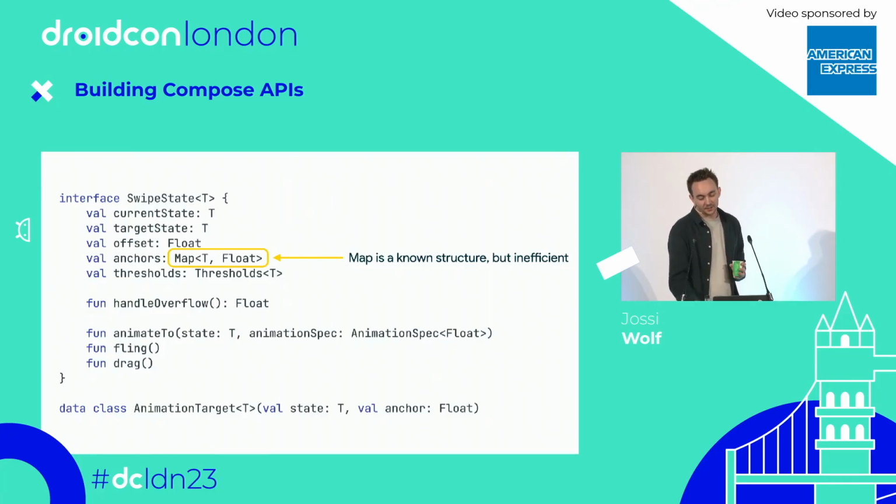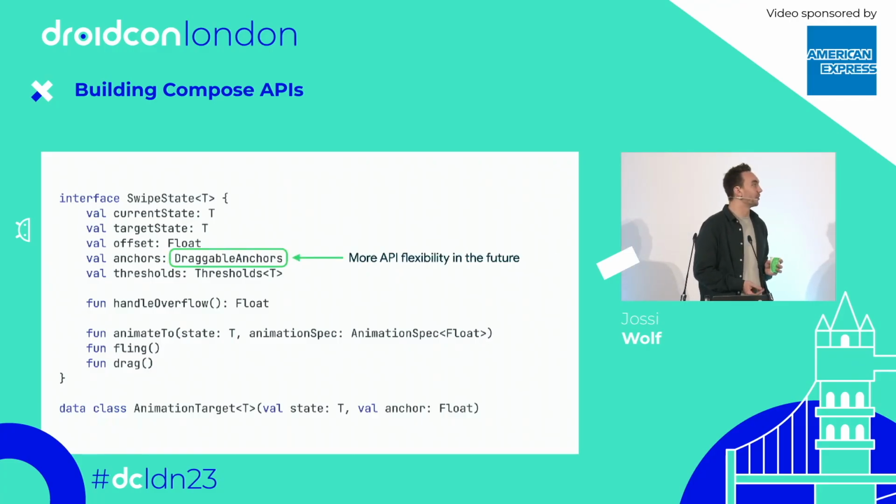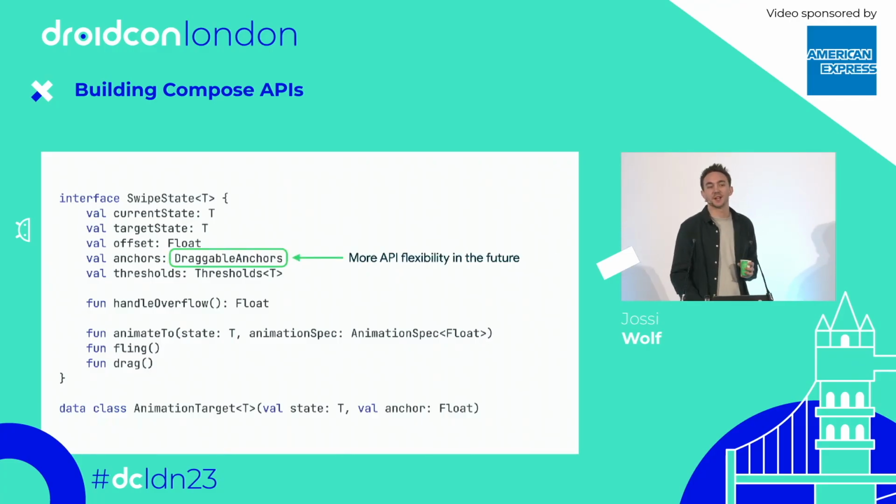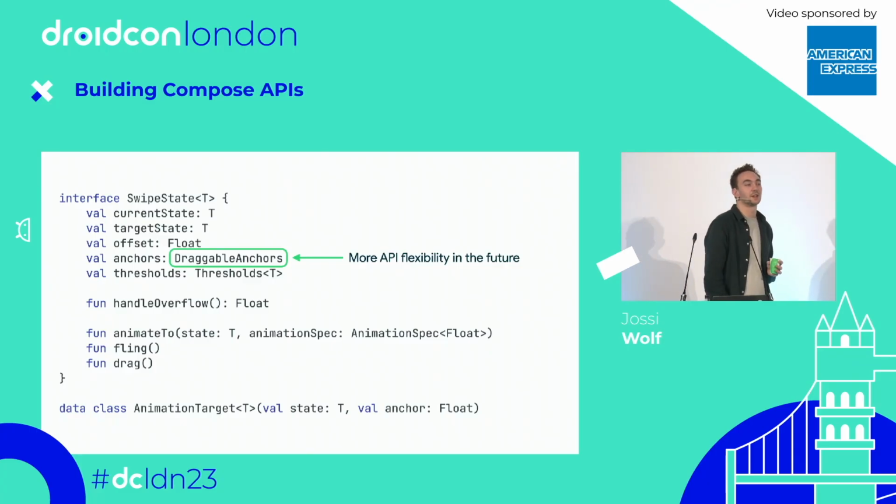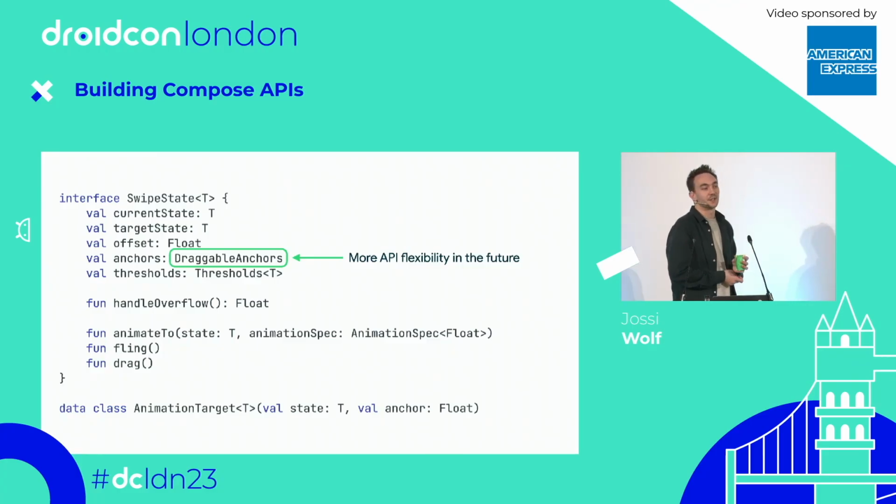So we always want to walk the line between: are we actually gaining anything by using a known building block here, or do we really just want to have our own type? For example, DraggableAnchors. This gives us a lot of API flexibility later on, again, if we decide to change out the implementation from a map to something that's more efficient, and we can change a lot of the internal representation without breaking users' APIs.